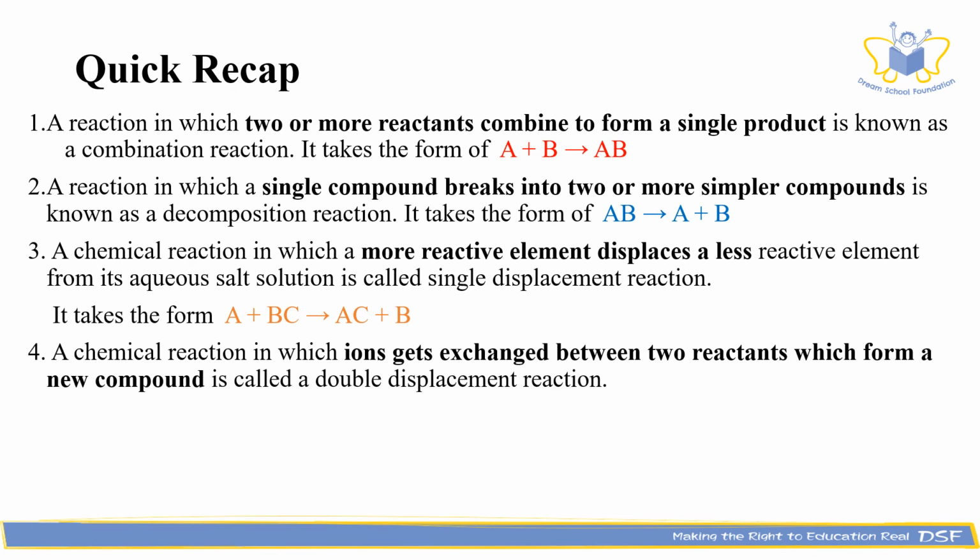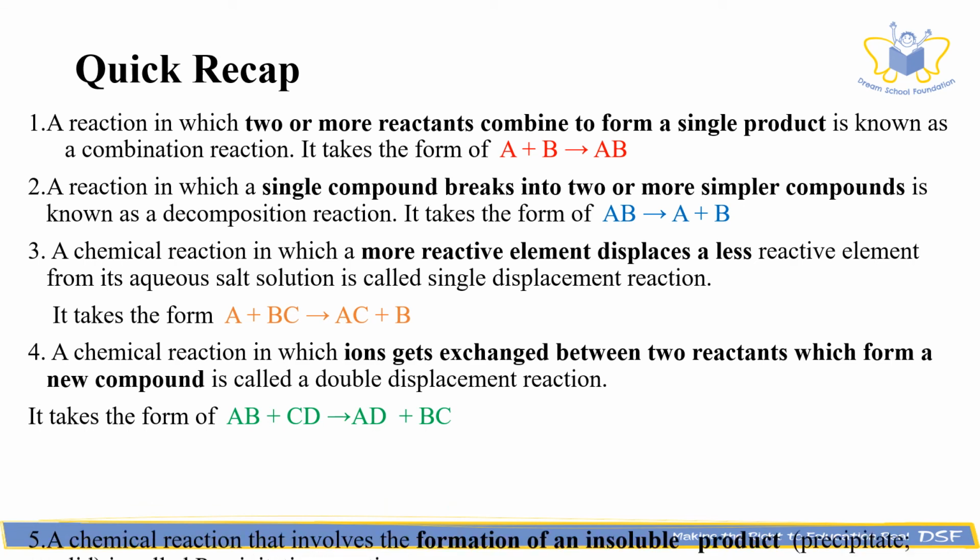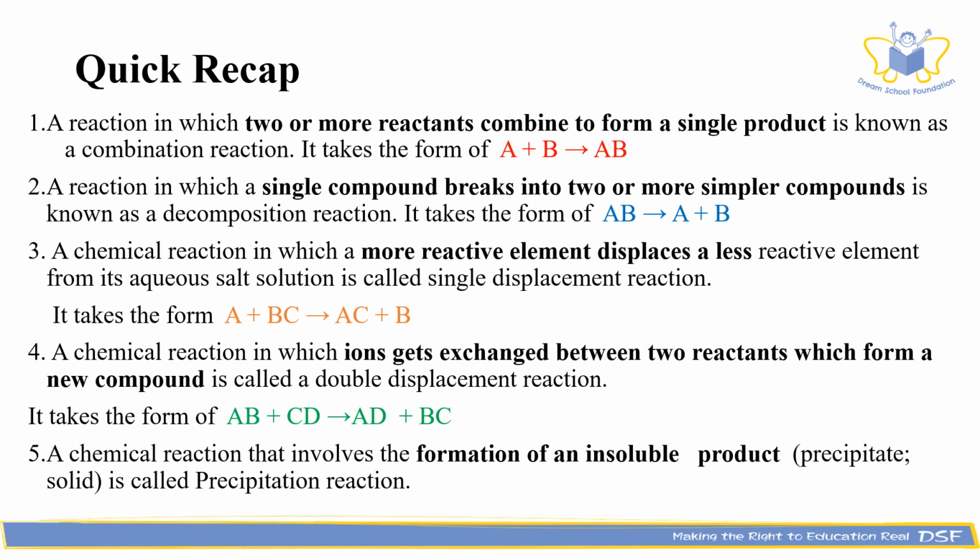It takes the form AB plus CD gives AD plus BC. Fifth, a chemical reaction that involves the formation of an insoluble product is called a precipitation reaction.